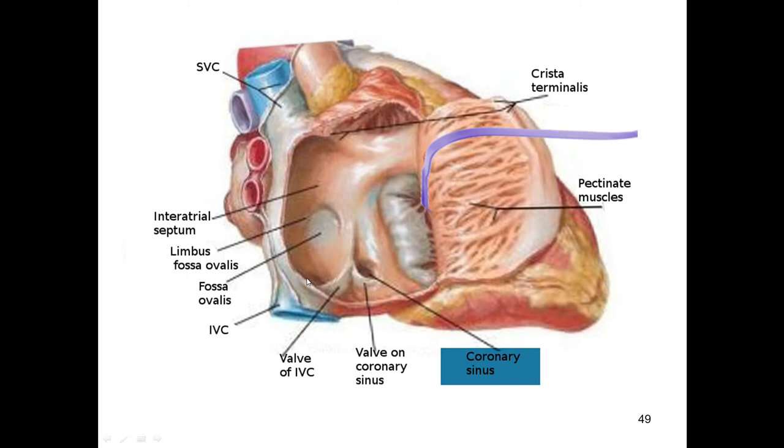Let's have a look now. What did we talk about? The opening of the major vessels: superior vena cava, inferior vena cava, the coronary sinus. Here is the valve of the coronary sinus, between the inferior vena cava and the tricuspid area, that is the opening of the right ventricle. These are the main openings in the smooth part of the right atrium.